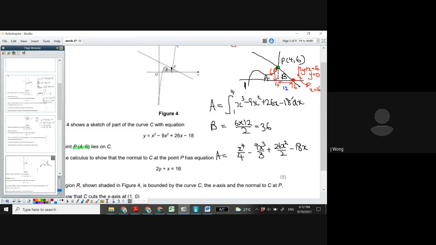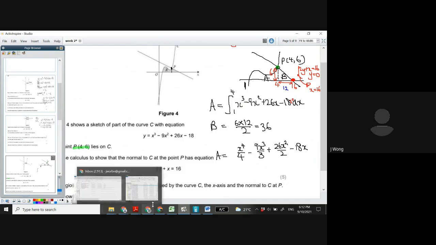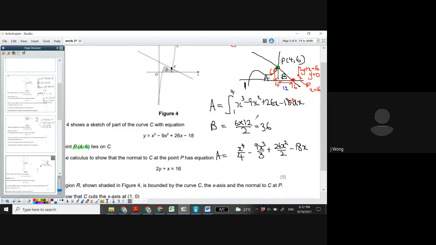Originally it's a constant, so there's no x term, so imagine there's an x to the power of 0 after it. If you add 1 to the power, that turns into 1, then you divide by the new power 1, so it's just 18x. Any constant, if you integrate it, you will have an x attached to it.